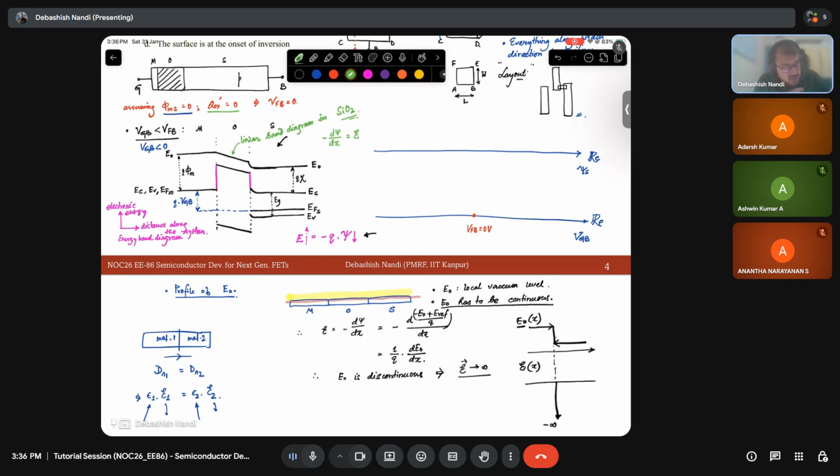And what does your Gauss law say? Your Gauss law says d(electric field)/dx equals charge inside divided by epsilon. Do you know this is Gauss law? Yes, sir. So you can write your Poisson equation: d squared psi by dx squared is equal to minus rho by epsilon.